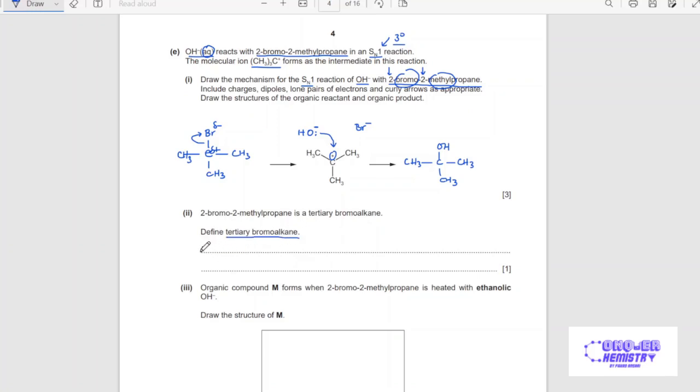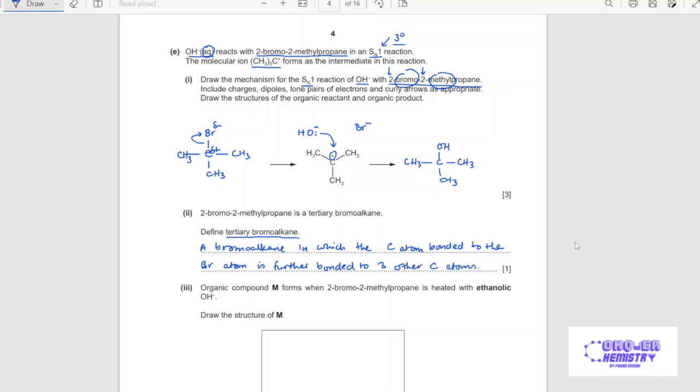So we're going to write this as a bromoalkane in which the carbon atom bonded to the Br atom is further bonded to three other carbon atoms.